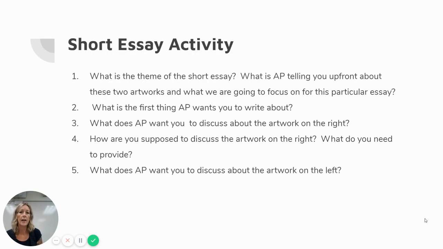It says short essay activity. What I want you guys to practice is decoding the question. I don't want you to answer the question. Obviously, we haven't covered that artwork, but I would honestly say 85% of the time when a student doesn't feel successful about their free response answer, it is because they had a hard time understanding the question.